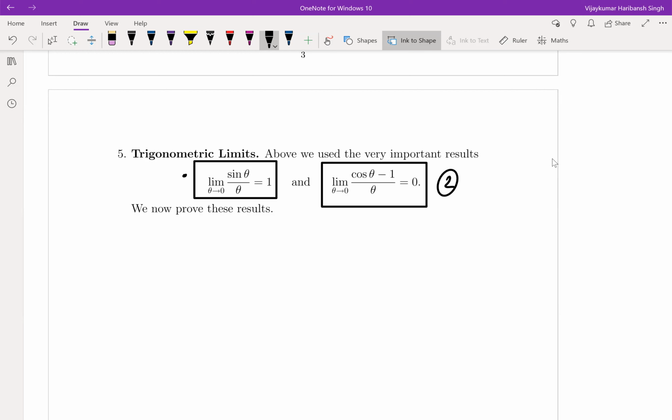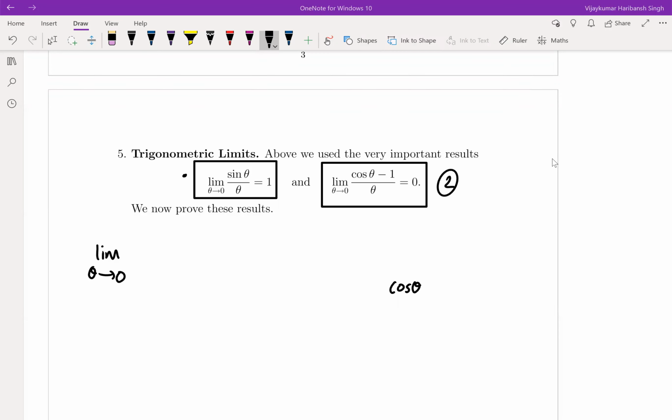All right, so let's prove that. Limit as theta goes to 0 of cos theta minus 1 over theta. We want to write cos theta minus 1 in terms of sin theta. How will we do that? Any ideas on how to go about it? Well, one way is to use the double angle formula.